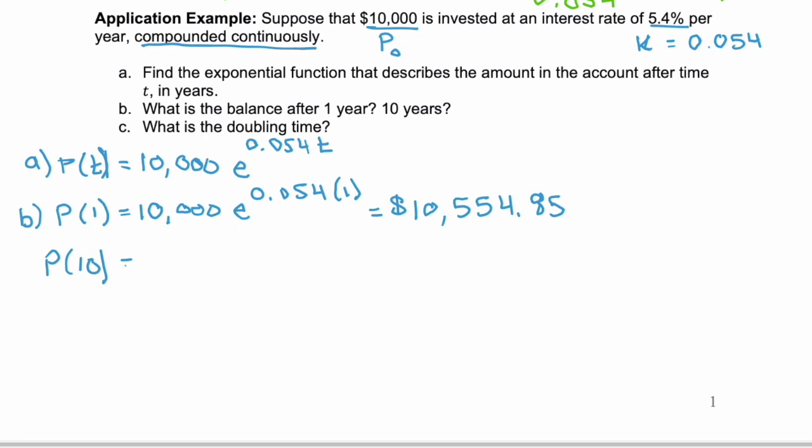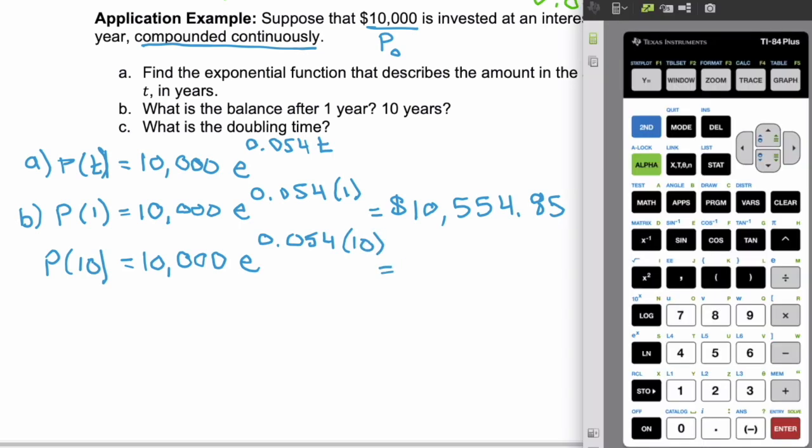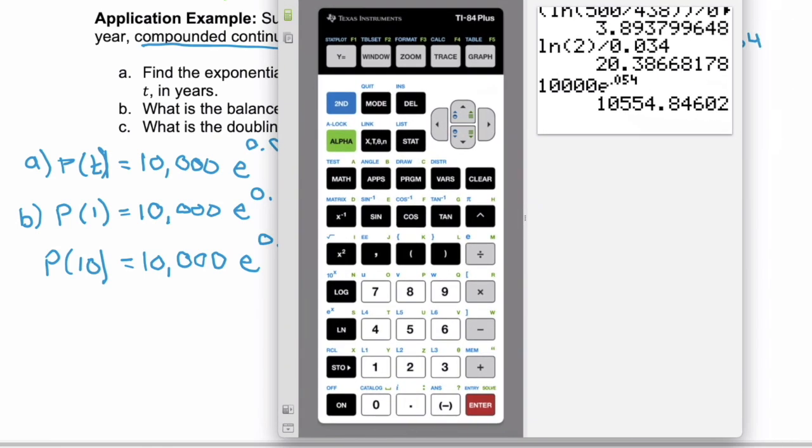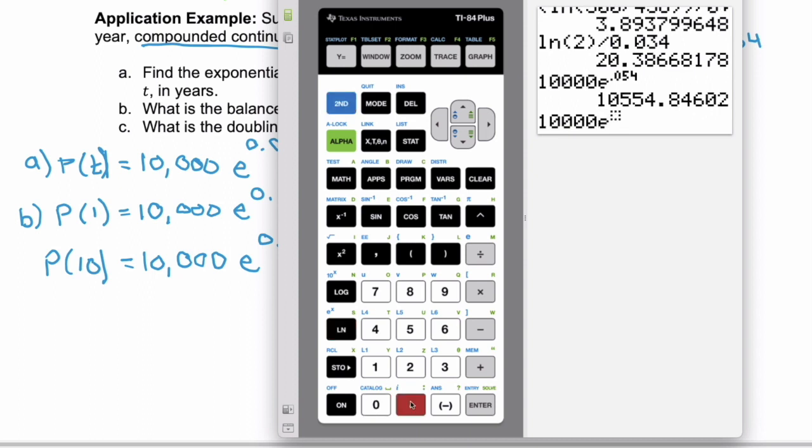Well, we do the same process, except now our T is going to be 10. So 0.054 times 10 for our exponent. And use your calculator. So again, we start with 10,000, and then we have e to the power of 0.054 times 10.